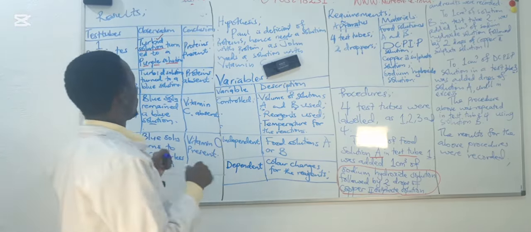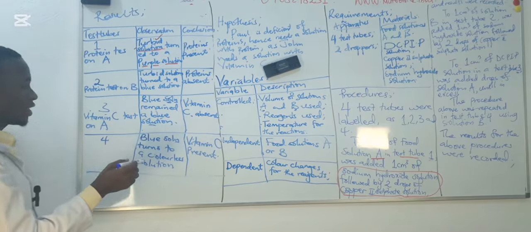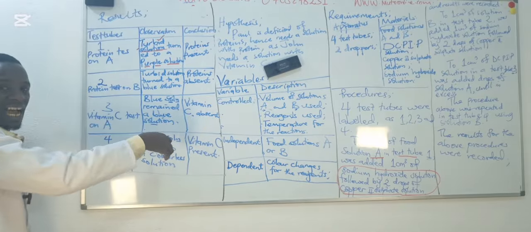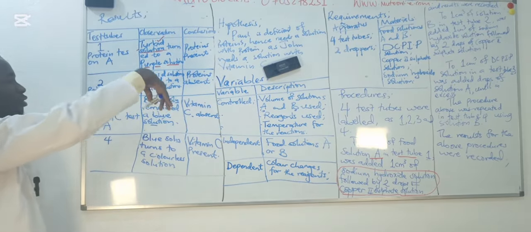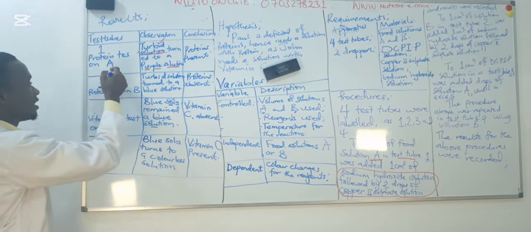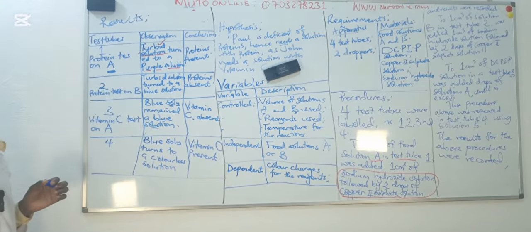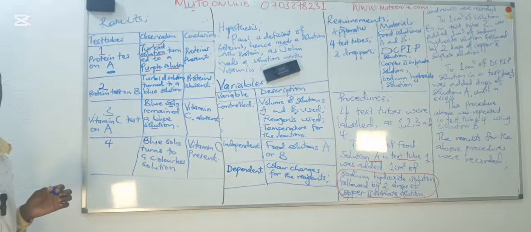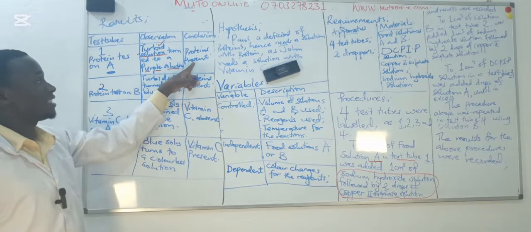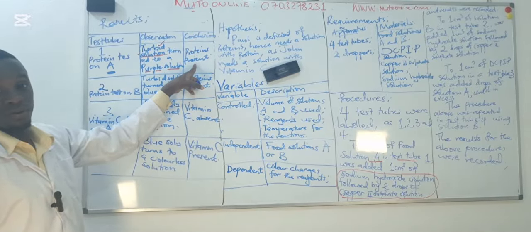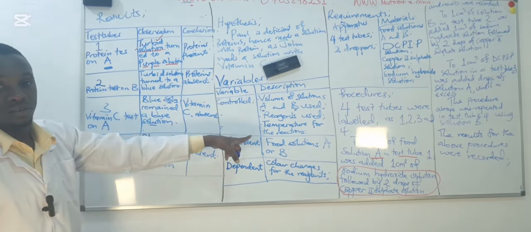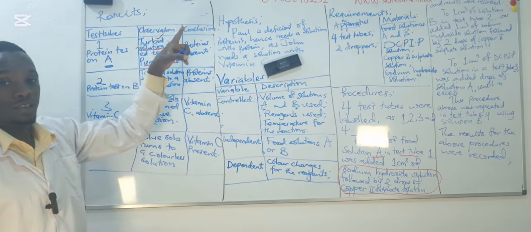So Paul, being deficient of proteins, needs a solution that has more of the proteins in it than any other nutrients, and that is solution A. So Paul needed solution A. Why? Because it contains proteins, and so it will supplement the diet of Paul to get rid of the symptoms of kwashiorkor.